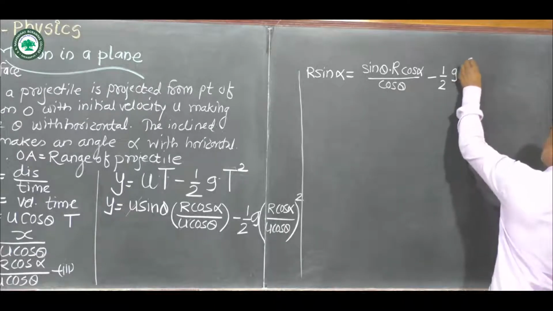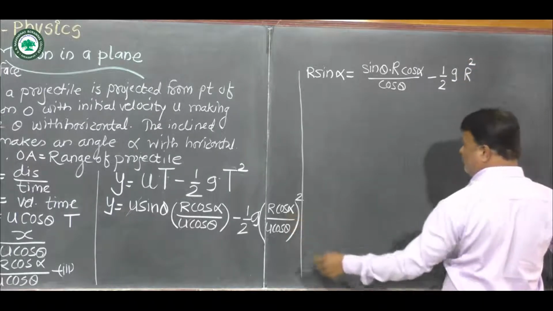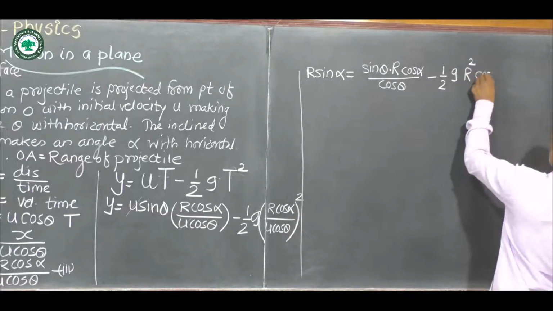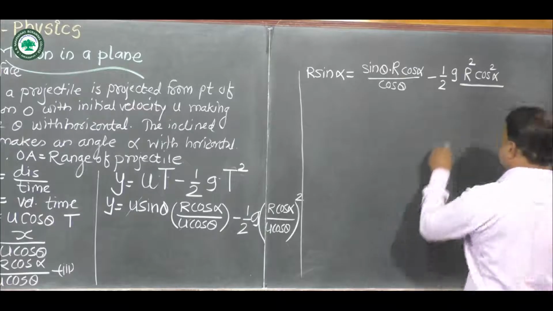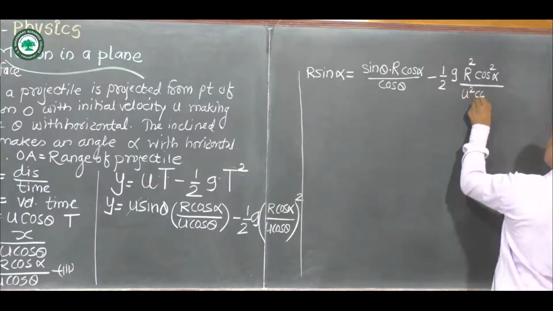Square of r is r square, square of cos alpha is cos square alpha, upon u square cos square theta.